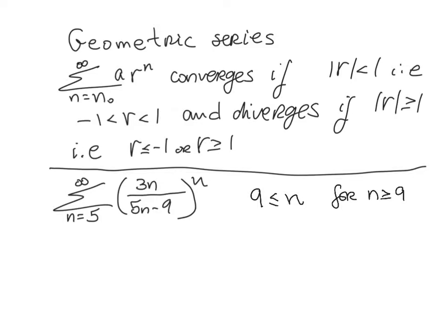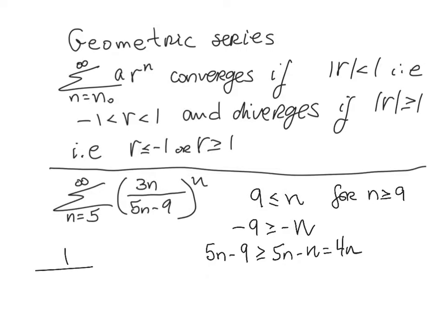So n could be 9, 10, 11. If we multiply both sides of this inequality by -1, we get -9 is greater than or equal to -n. And if we add 5n to both sides, the inequality doesn't change: 5n minus 9 is greater than or equal to 5n minus n, which is 4n.